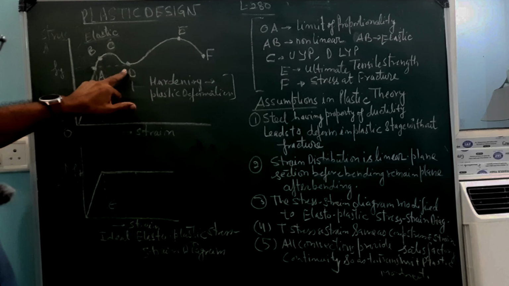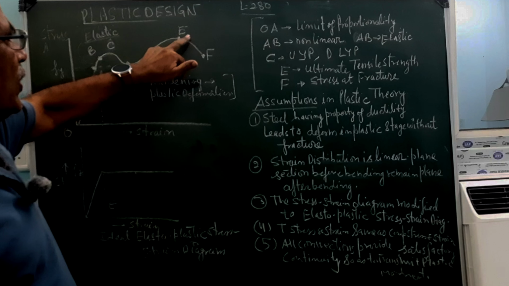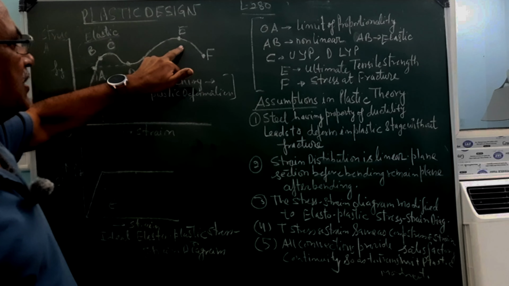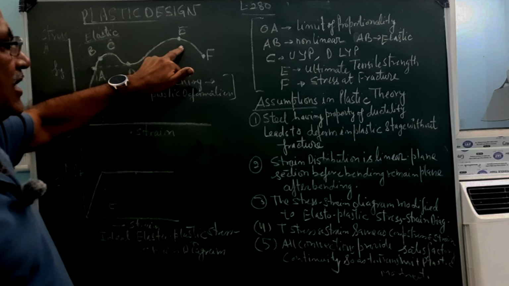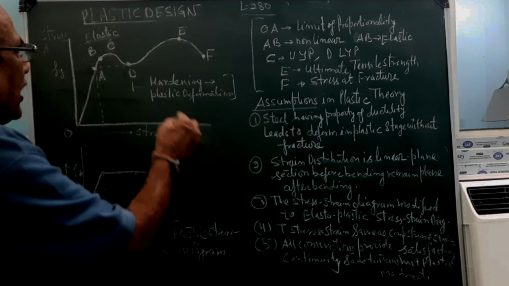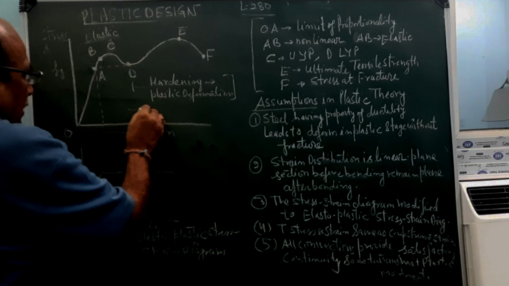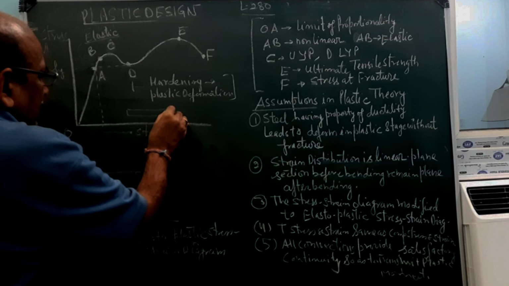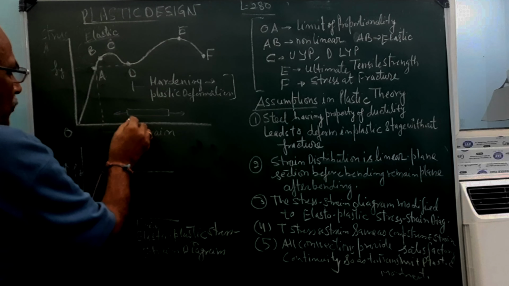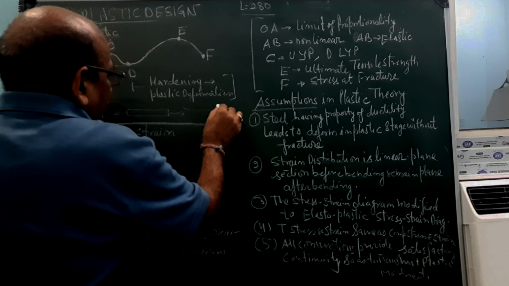So at this point, this is your lower yield point and this is the point where the ultimate strength is reached. Ultimate tensile strength is reached. So from this point, the narrowing of the section, if you take some steel bar or something like that, so there is a pull, tension. So what is happening at this point, there is a narrowing of the section.